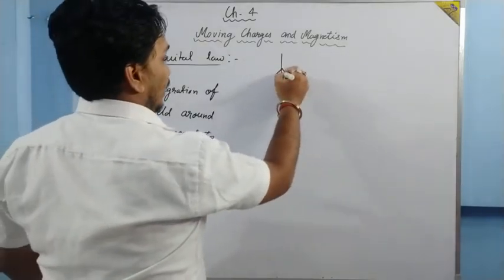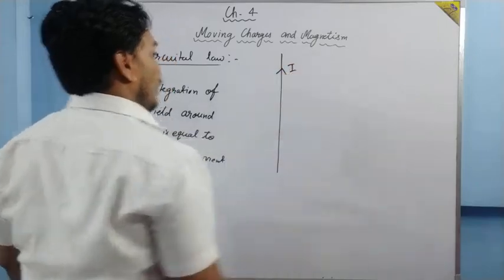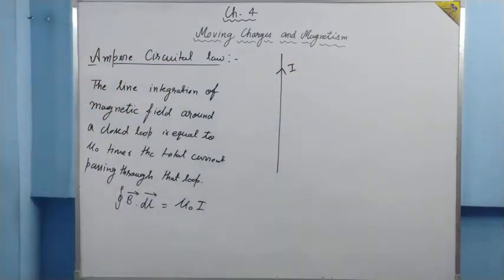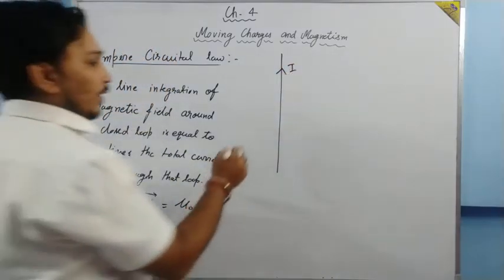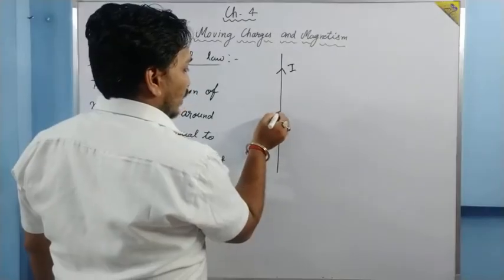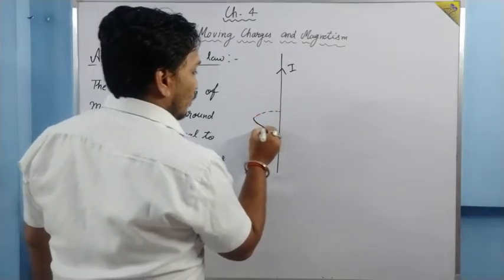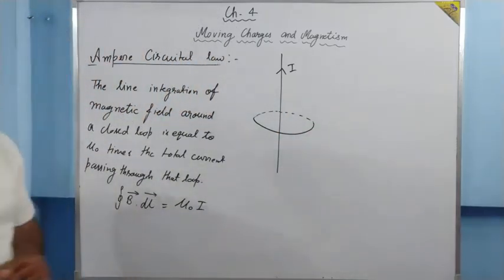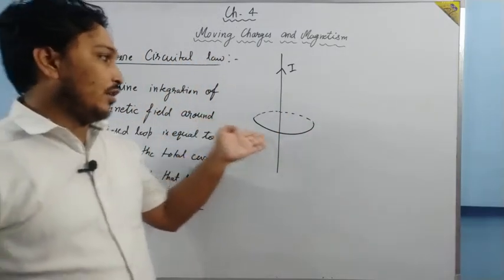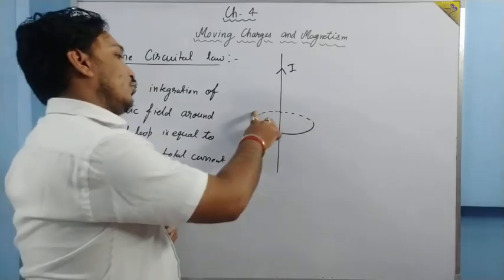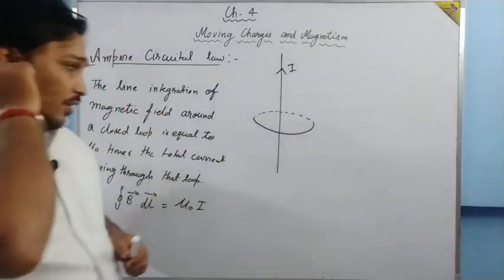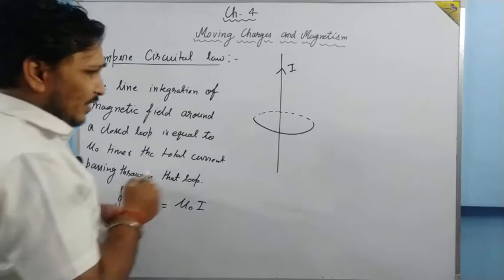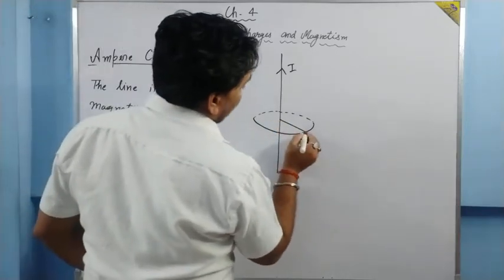Suppose this is a current carrying straight wire, and the current flowing through the wire is I. Now if I consider a loop, the front portion I have made with dark, the back portion of the loop I have made with dotted. Let the radius of this loop be A.